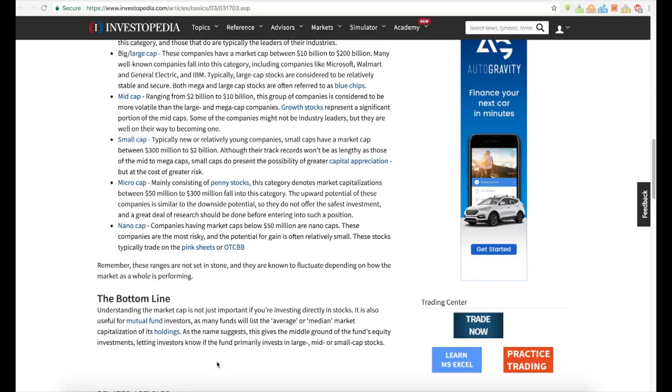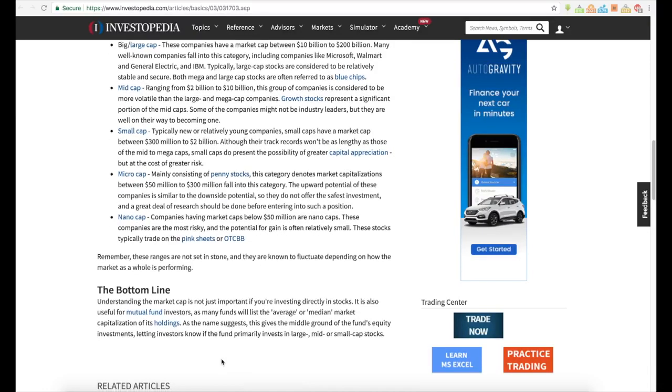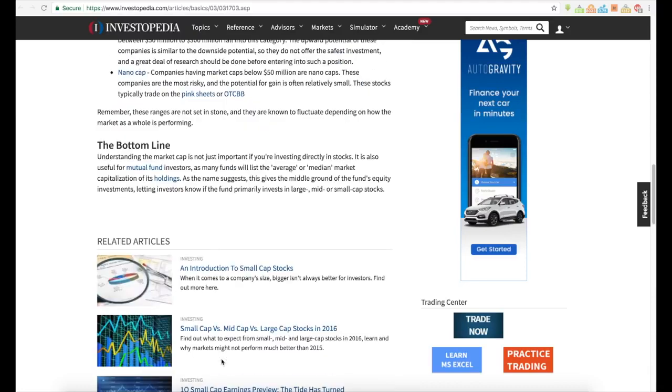It is also useful for mutual fund investors, as many funds will list the average or median price capitalization of its holdings, as the name suggests. This gives the middle ground of the fund's equity investments, letting investors know if the fund primarily invests in large, mid, or small cap stocks.